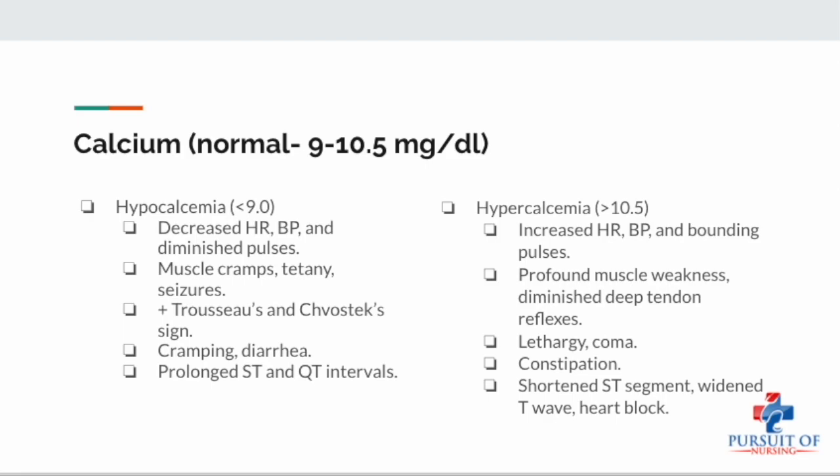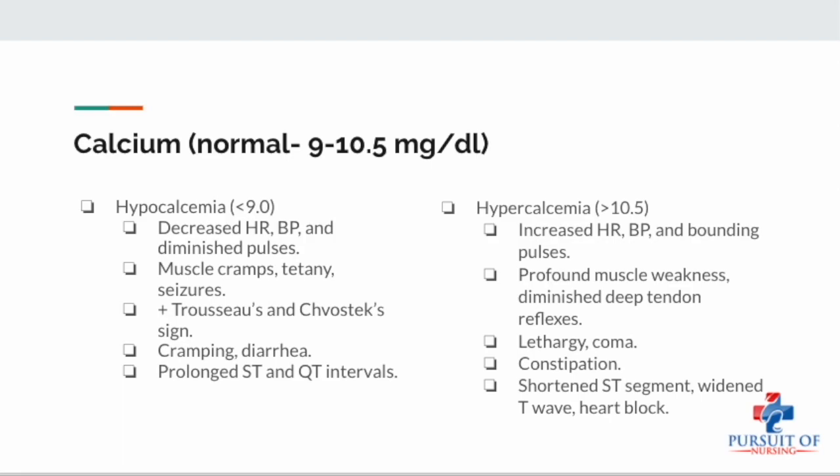Now, with hypocalcemia and the positive Trousseau's and positive Chvostek's sign, the Trousseau sign is basically involuntary contraction of the muscles of the hands and wrist. So when an examiner inflates a blood pressure cuff on the upper arm, a carpal spasm occurs with inflation of the cuff.